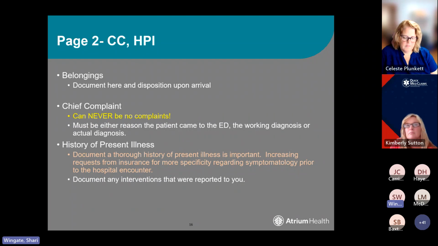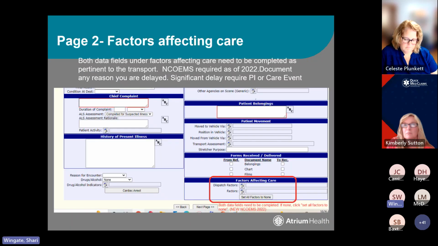Well, there's no ICD for API. We understand it's an appendectomy, but you have to be specific and clear and concise in what you're saying. So always document any interventions that were reported to you. If they were not reported to you, you're not responsible for it.